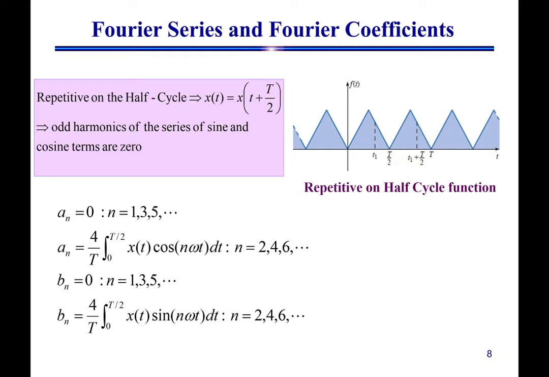In this case, we call it repetitive. And over here we're going to have that the odd harmonic will be 0 for both sine and cosine terms.